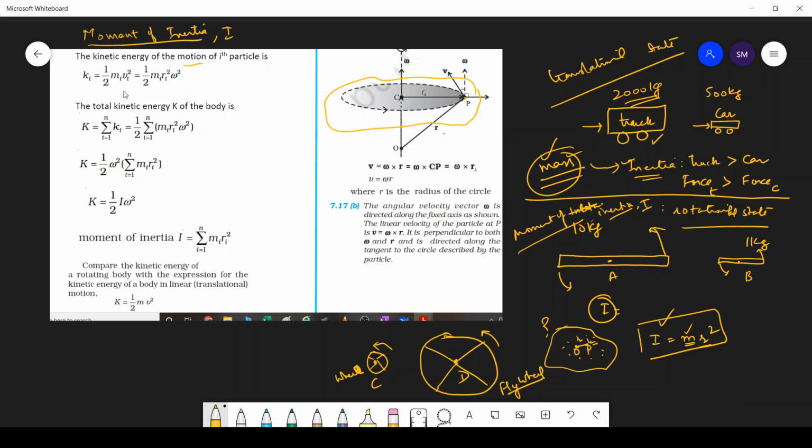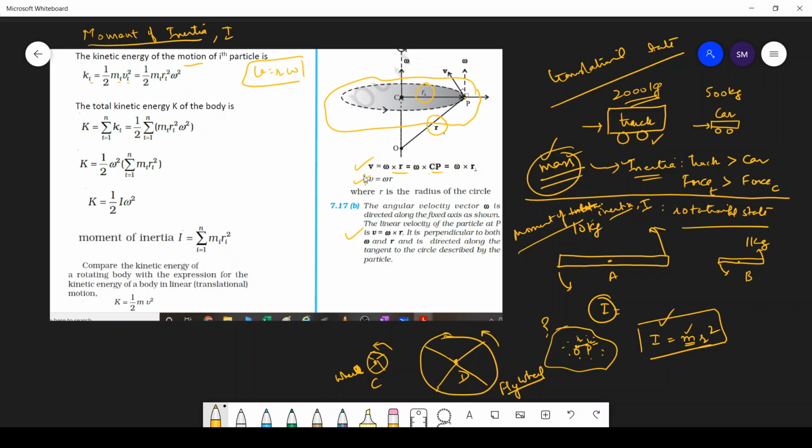Kinetic energy is equal to half mv square. So it is the ith particle, so its mass is m_i and velocity v_i, and we know that v is equal to r omega, which we have already done. So v is equal to r omega, or omega into r. As we have derived it, it doesn't matter whether you are taking r perpendicular or r.